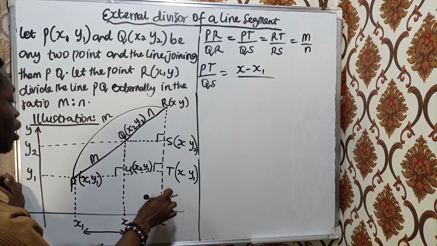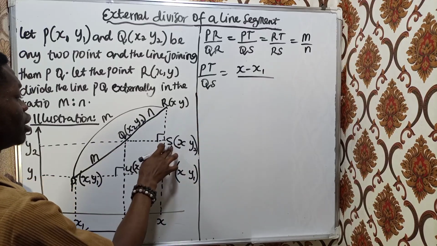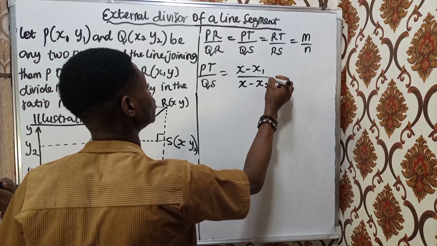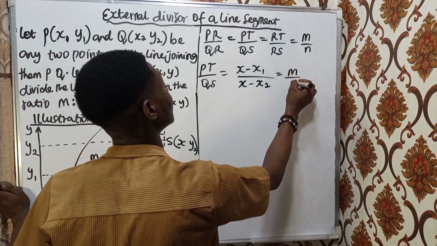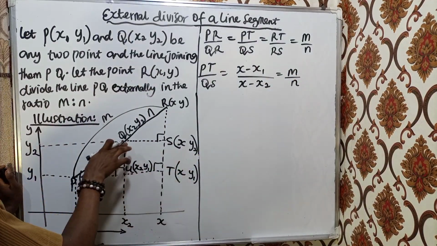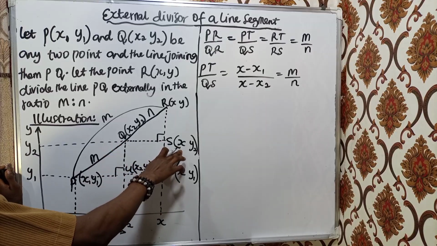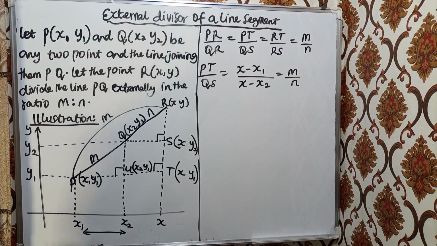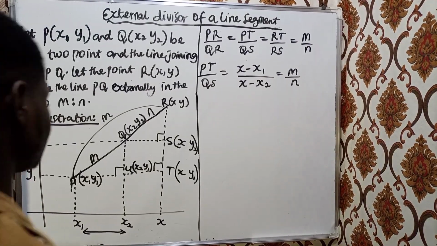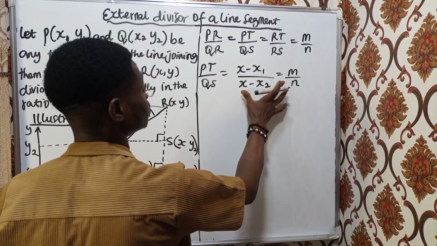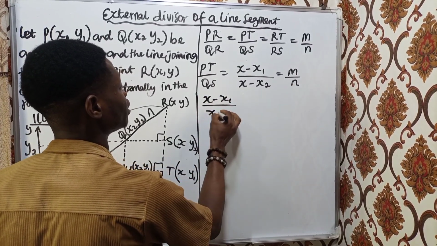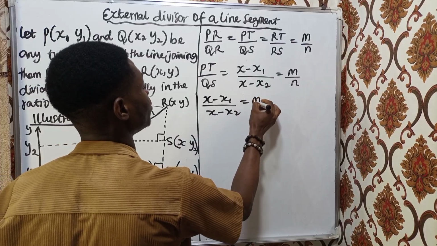Then QS will be x minus x2. So x minus x1 all over x minus x2 is equals to M over N. QS is x minus the corresponding value of x here, which is x2. I hope you can see it well.